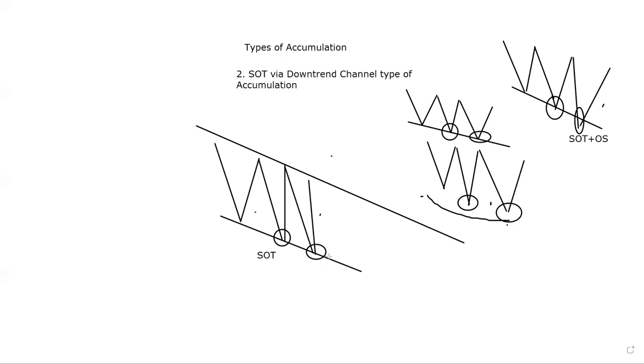What would you notice? There will be huge volume. So what we notice here, number one, huge surge in volume. Number two, huge spread.